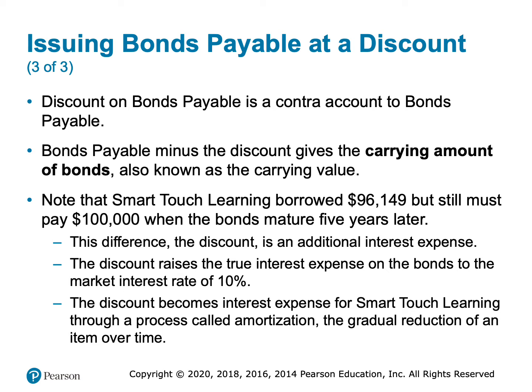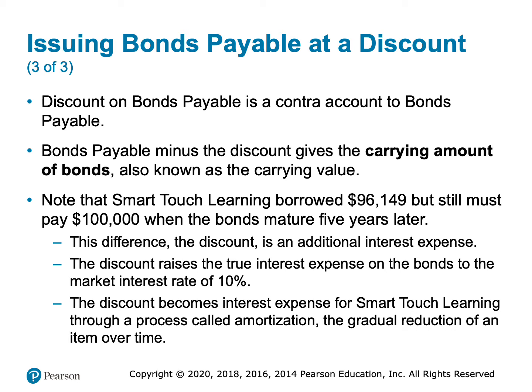Now, what we're going to do is, remember that contra liability has that debit balance in it. What I want to do is get that debit balance to be 0. Because what I want is, by maturity, I want the carrying value of the bond to be exactly 100,000, which is the amount that I have to pay back.